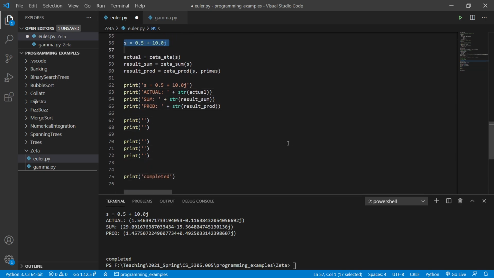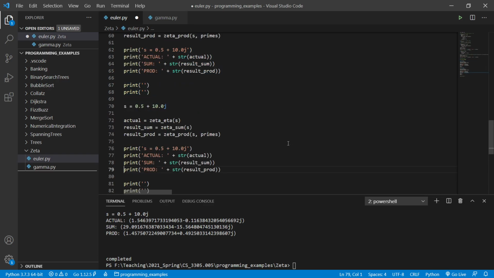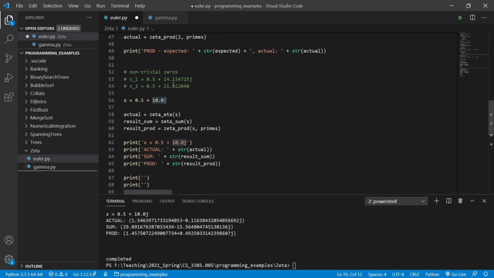Okay, so we'll pick another value. We'll do the same thing over again. So now we know that the first zero is at this, right? So let's do something really close to that.